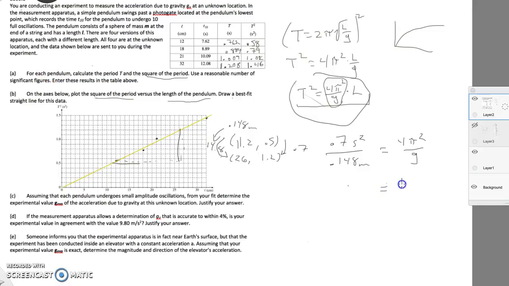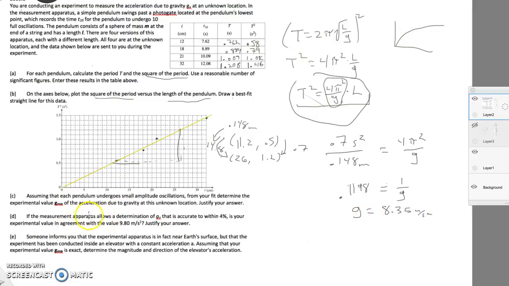And so I get that 1 over G is equal to 0.1198, and I take the inverse of that to find G, and I get that G equals 8.35 meters per second squared, which is a little small.